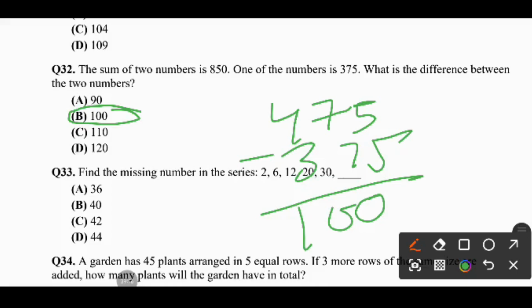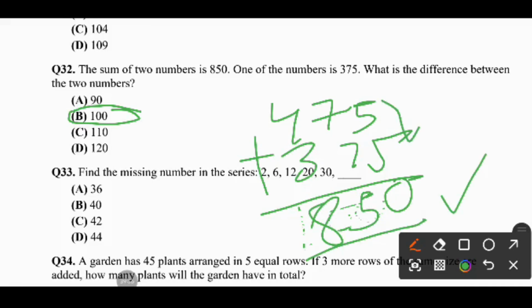That is answer number B, and we can cross-check if our answer is right or wrong. We will add these two numbers and we will see, are we getting 850 as the answer or not. Yes, it means our answer is right.